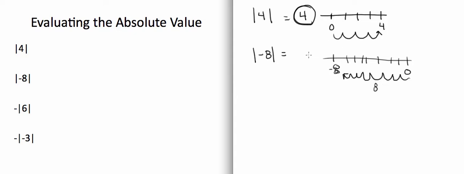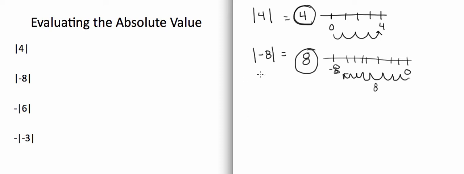So the absolute value of -8 is 8. Basically what we're saying here is anything that is inside of these values turns into a positive number. Whenever we solve or do anything in here, whenever it's inside the value, it's a positive number.